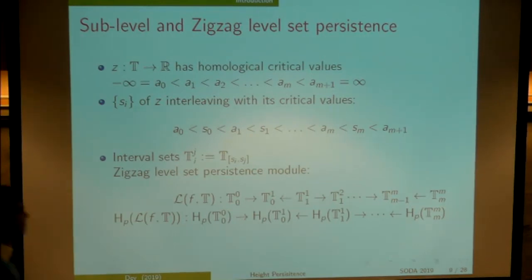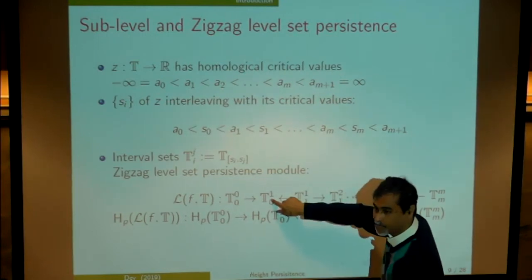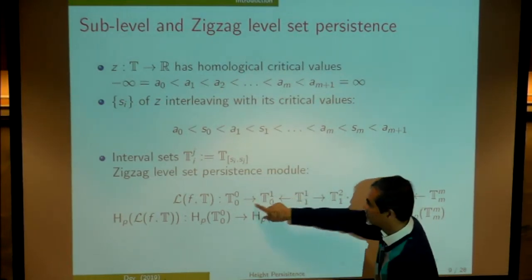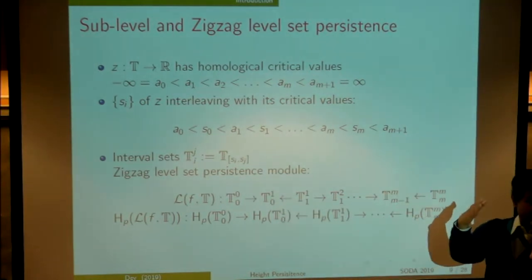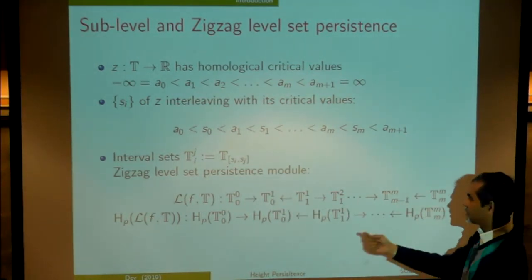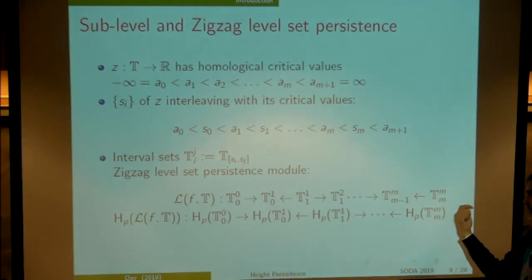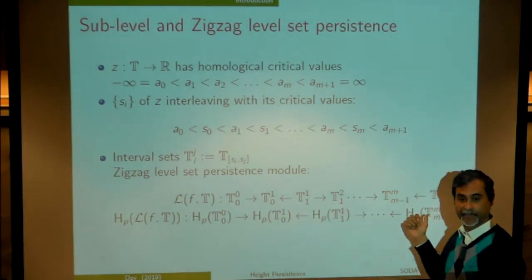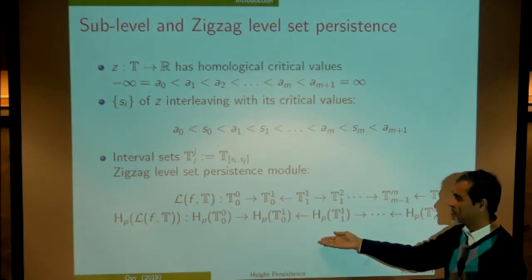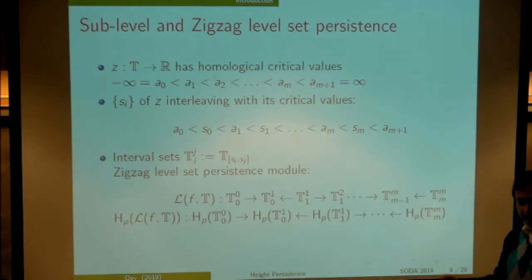sequence. For example, here T_11 is included from one side in T_01, and T_00 includes into it from the other side. You see that from the two sides this includes. So now instead of a monotonic direction sequence, I have a zigzag sequence, where the arrows alternate. And then again it gives you a level set persistence module where the arrows alternate.